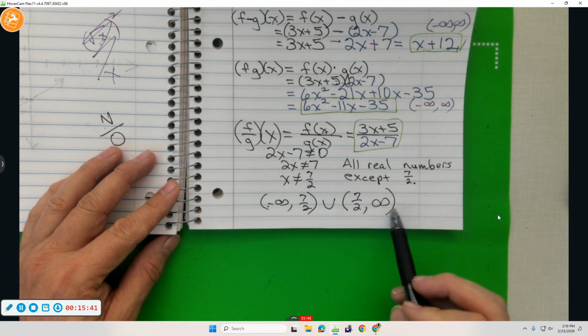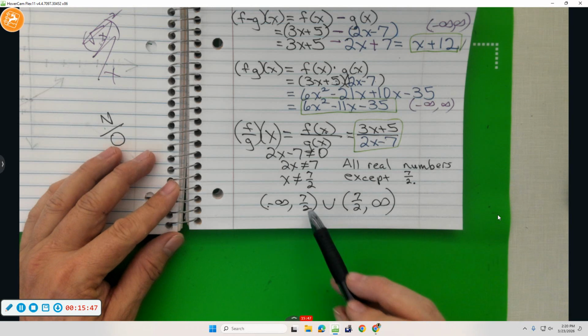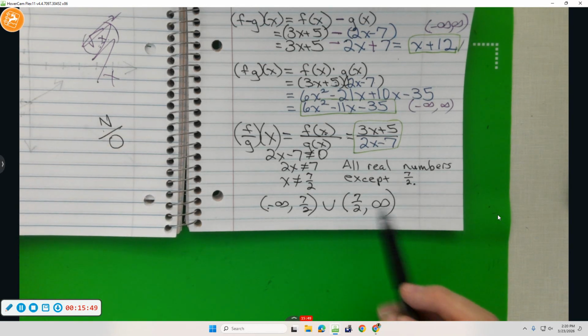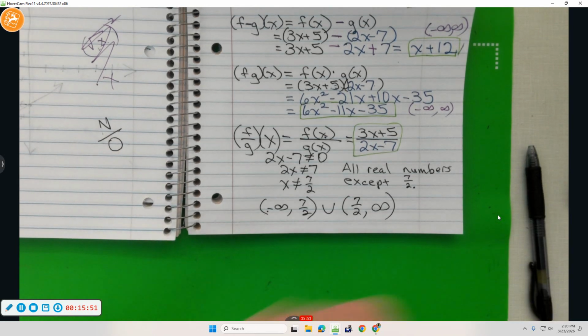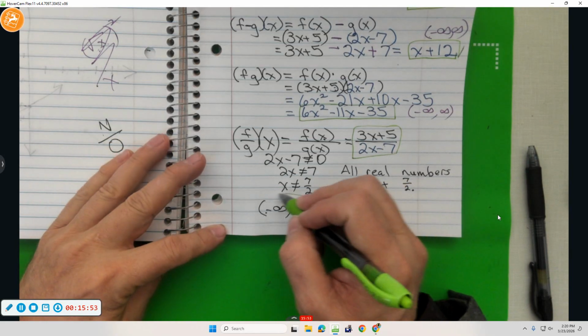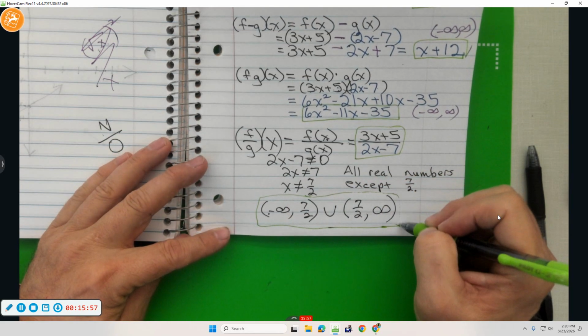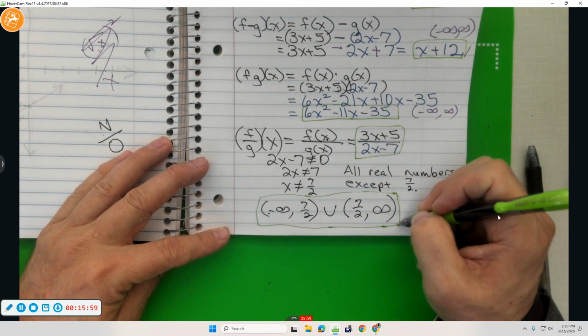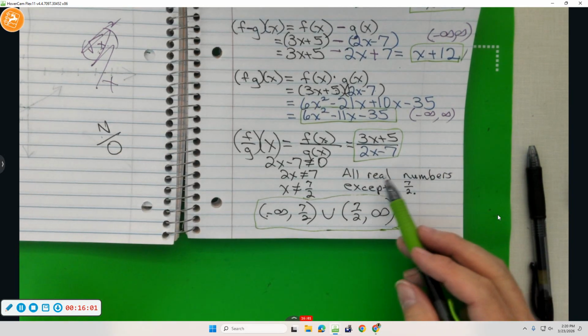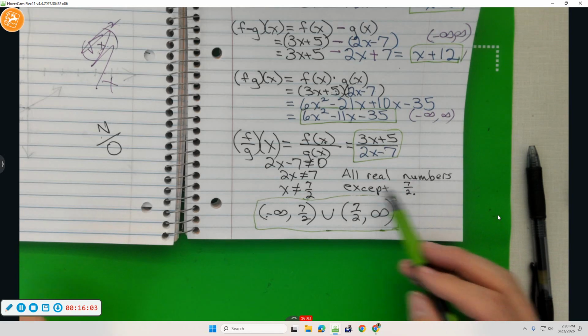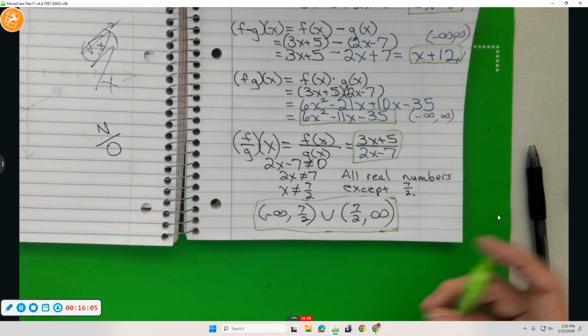This is all the numbers to the right of 7 halves. The only number that's being discarded here is the number 7 halves itself. I know interval notation is a way of disguising what you're finding, but that is the interval notation way of saying all real numbers except for 7 halves.